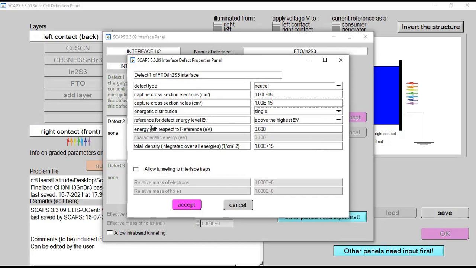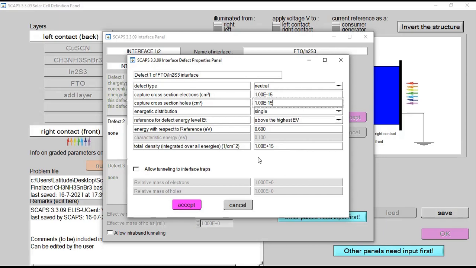Okay. And the last, most important thing, is the total defect density. It is about the interfacing defect density between the FTO glass and indium sulfide interface. If it is higher, your results will be poor and the performance of the device will be degraded. So it is about the total defect density of the FTO glass and indium sulfide interfacing layer.